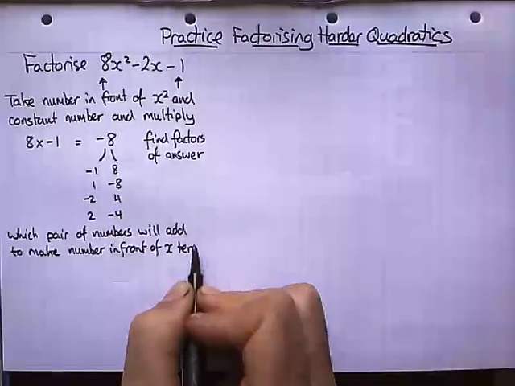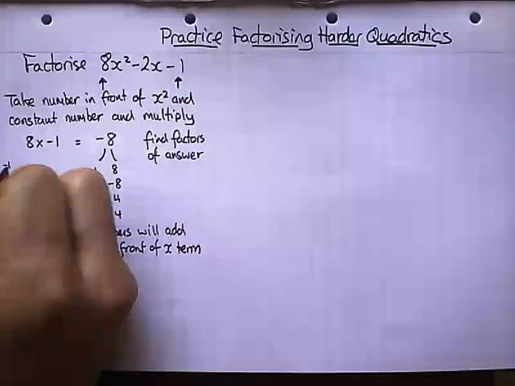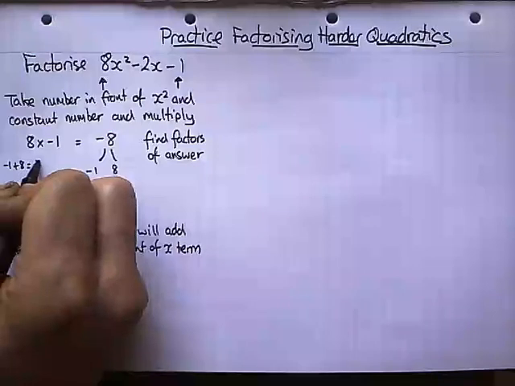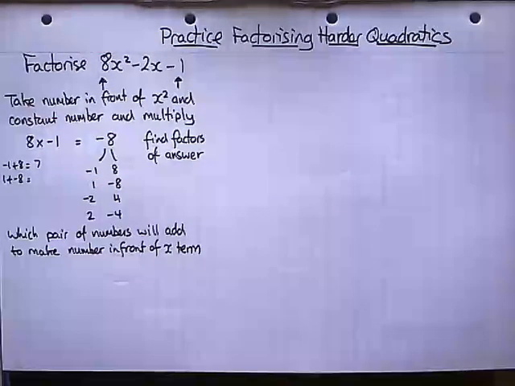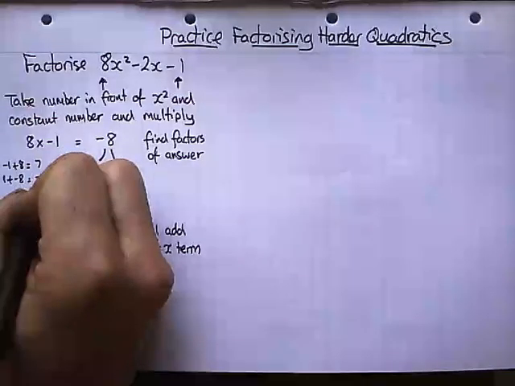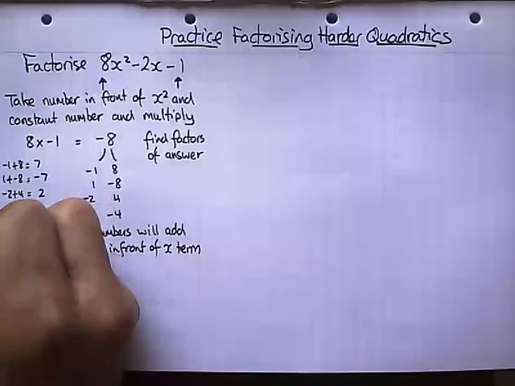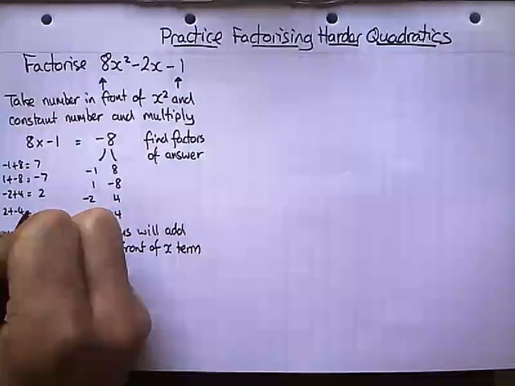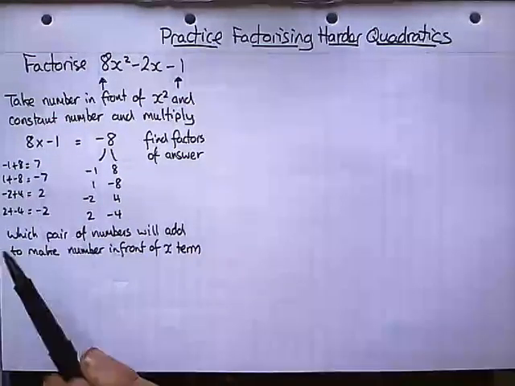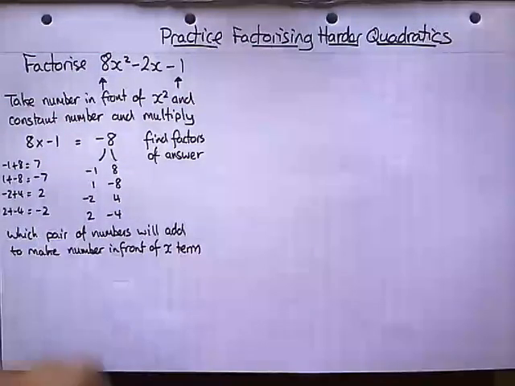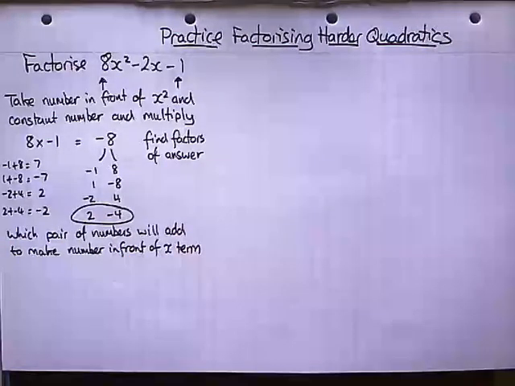Okay, so you could just go through adding them together. Minus 1 plus 8 equals 7. 1 plus minus 8, a plus minus makes a minus, that equals minus 7. We got minus 2 plus 4 equals 2, and 2 plus minus 4 equals minus 2. So the number in front of the x term is minus 2, and this is the answer, minus 2. So clearly it's going to be the 2 and the minus 4 that we use.